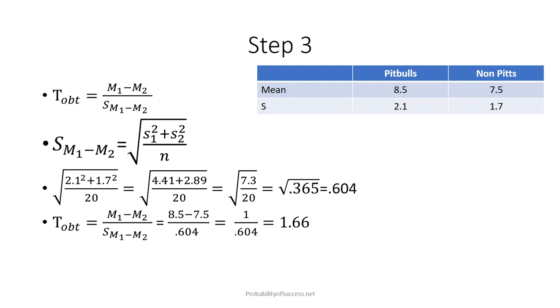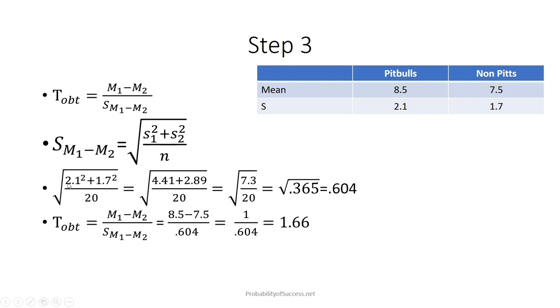So we're going to have to calculate our t obtained. That is step 3. Now, while we are given our two means, we are not explicitly given our pooled variance, so we have to go through and calculate it. Notice we are just given our standard deviations and not the variance. So all we're going to do is take each s and plug it into the pooled variance.